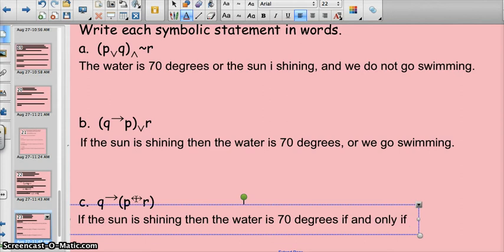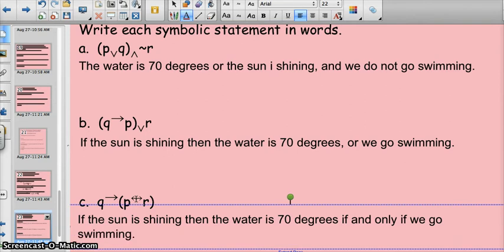Finally, we've got the R, and the R at this point is we go swimming. And we must put a comma somewhere because of the parentheses, and it will go, the sun is shining, then, right there. That's our last video from 3-1.